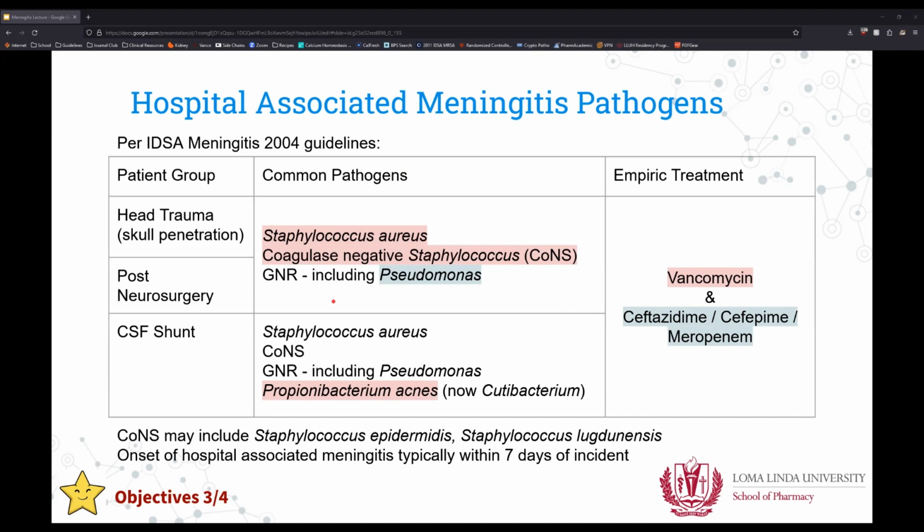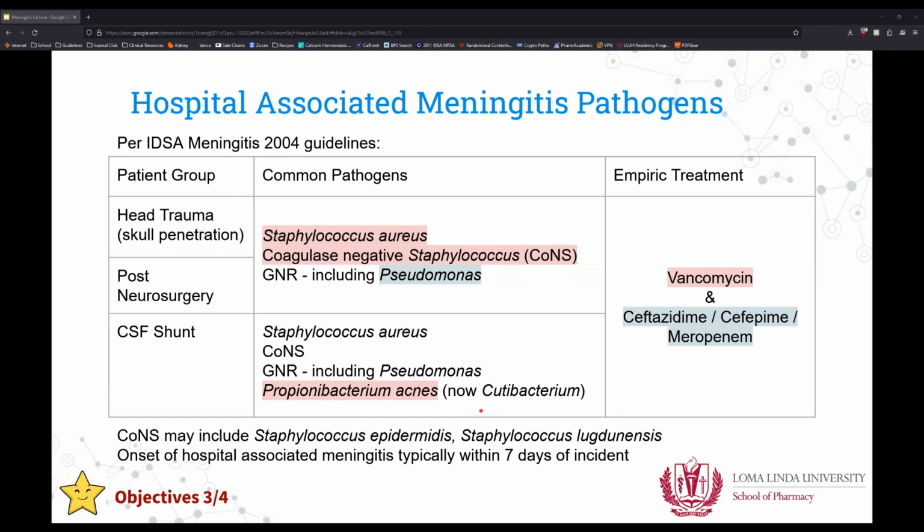And then our empiric regimen stays the same, even when there is a CSF shunt in place. However, where it slightly changes is that the common pathogens that are being covered in CSF shunt patients are going to include Propionibacterium acnes, also known as Cutibacterium now. However, vancomycin is going to cover that anyway. So no changes to the overall empiric treatment for any of these three groups.